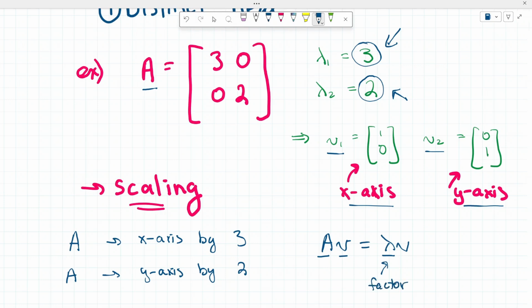So we can see exactly here, if lambda equals 3, then we're scaling that eigenvector by 3. And when lambda equals 2, then we're scaling that eigenvector by 2. So there are no rotations here. We're simply either stretching or compressing along our eigenvector. Amazing.